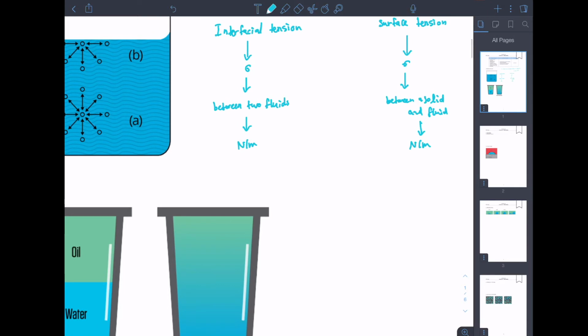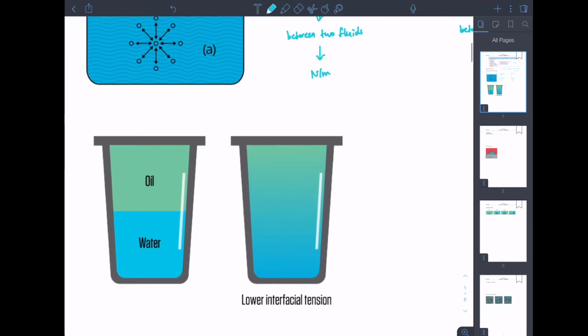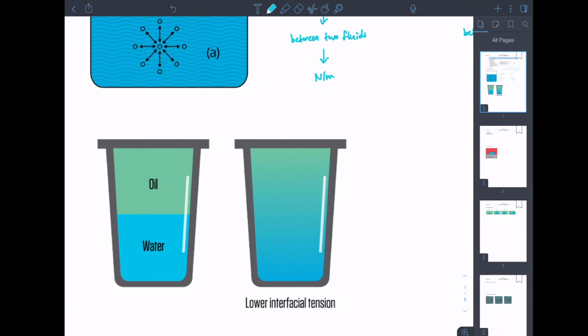To discuss more of the applications of interfacial tension, we can refer to this image over here. On the left-hand side, we have oil and water with a clear interface. However, on the right-hand side, it's hard to see a clear interface.